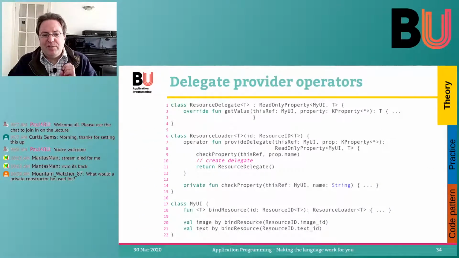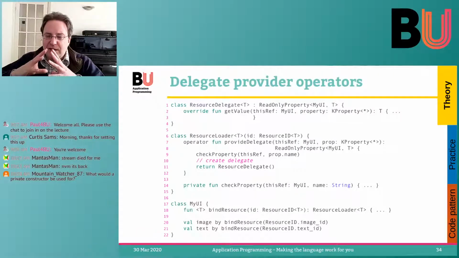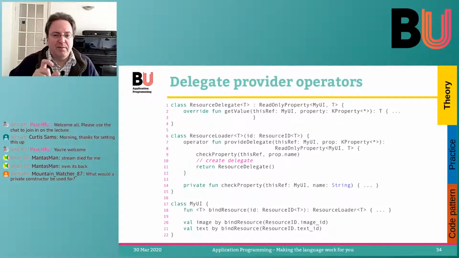There's a very, very interesting element as well, that is delegate providers. A delegate gets to inspect when you get or set a value. But the function that creates the delegate cannot inspect the property it is created on.